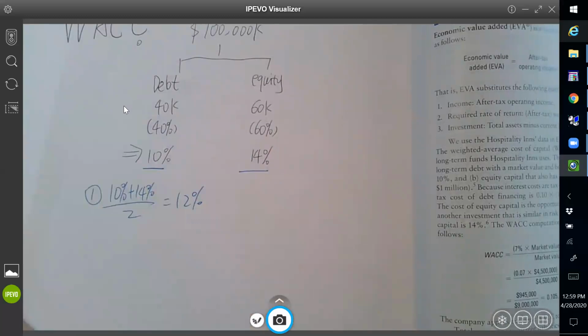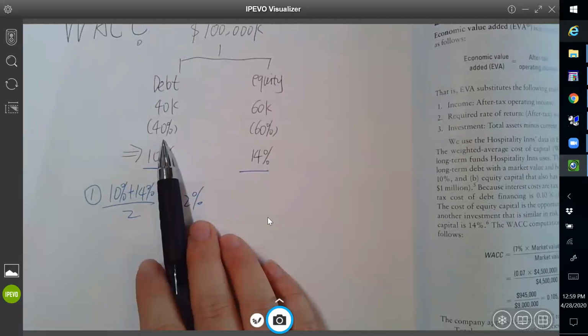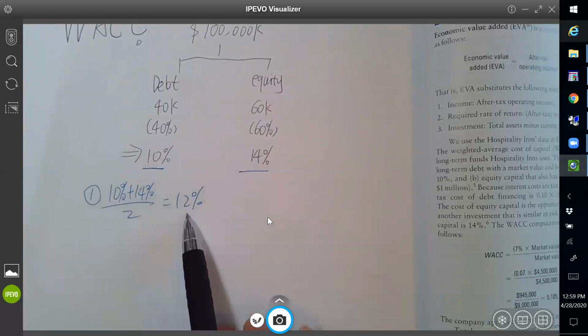I don't say it's correct or wrong, but is this accurate? It kind of got the idea, but misses a little bit. It's the average, but your 10% is just 40% of your overall capital, and your 14% is 60% of the capital. So you cannot just simply take the average because they have different weights.